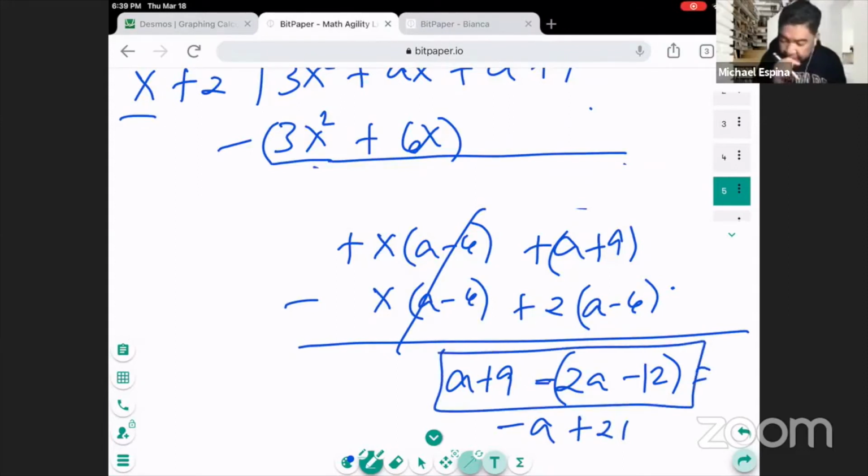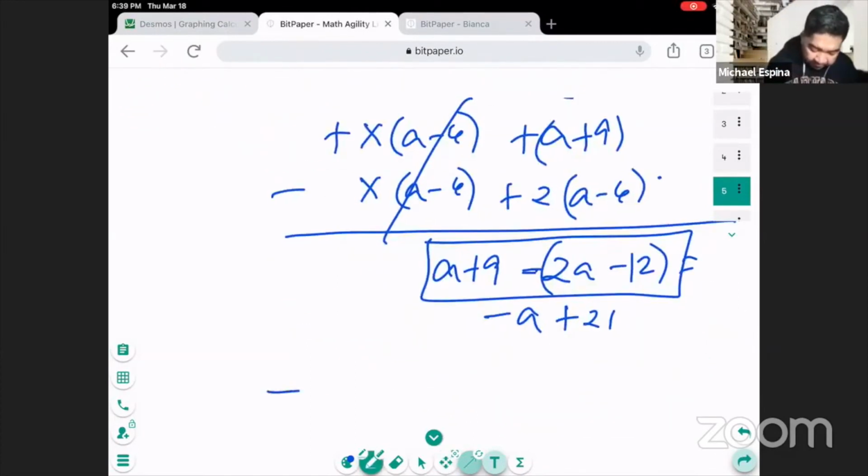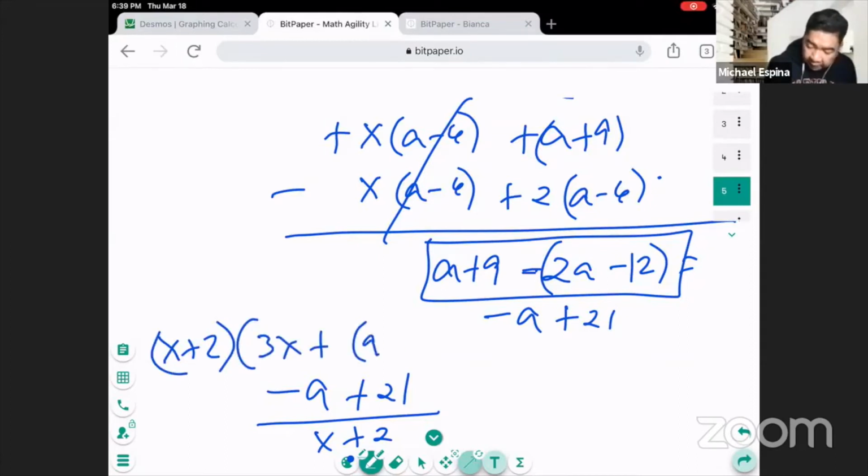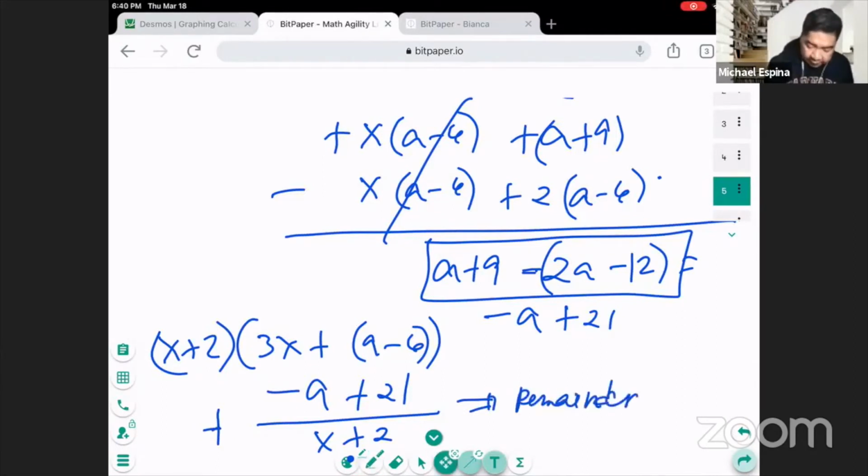So our remainder would be negative a plus 21 over x plus 2, which is our divisor, right? And so if we write everything, that would be x plus 2 multiplied by 3x plus a minus 6 plus this value here, negative a plus 21, which is our remainder, right?